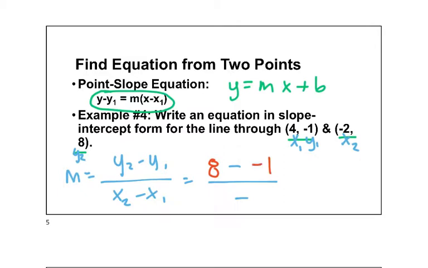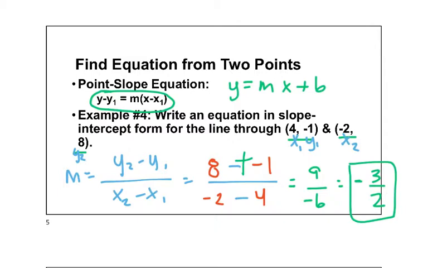Then we have x2, which is -2, and x1, which is 4. So simplifying that, we're going to actually have 8 plus 1, so 9, and -2 minus 4, so -6, which means if we divide by 3, our slope is -3/2. And as much as you want to make that into 1.5, you want to keep it as a fraction when you are graphing, at least.